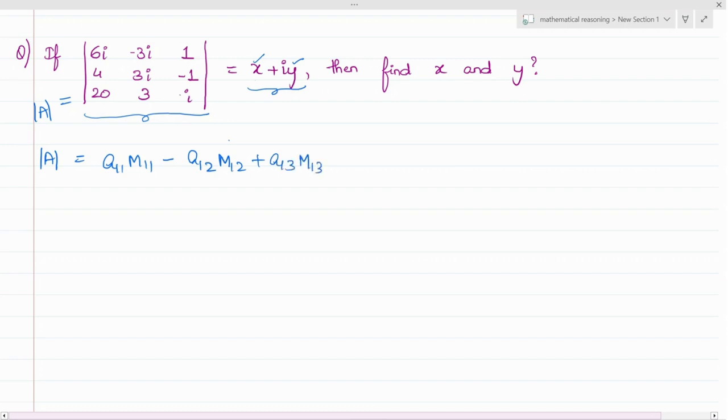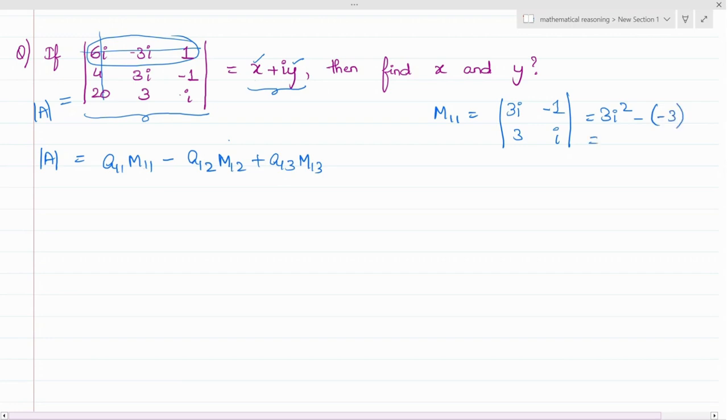So let's calculate first M11, M12 and M13. So M11 is eliminate the first row and first column. The leftover elements are 3 iota, minus 1, 3 and iota. So it's just the multiplication, that is 3 iota into iota is 3 iota square minus of minus 3.